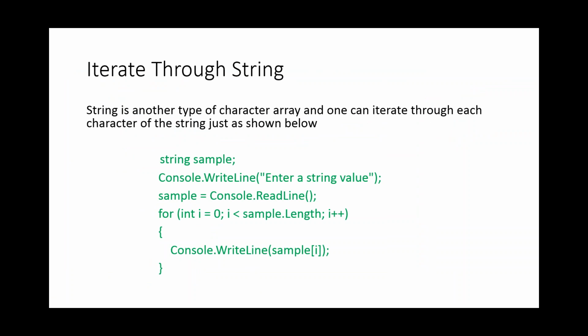Arrays we will discuss after strings, but iterate through string means if you give some statement and you want to process each character in that string, you can simply use a for loop and string dot length, which gives the string length. Then you can iterate through each character by passing the index in square brackets, so that it returns the character.